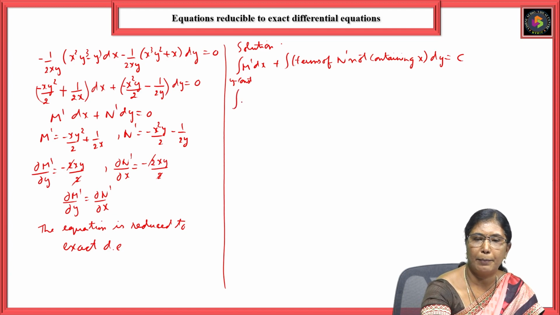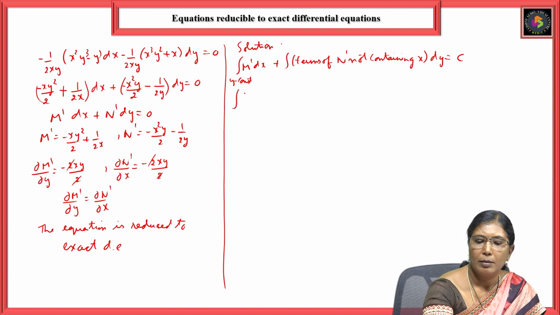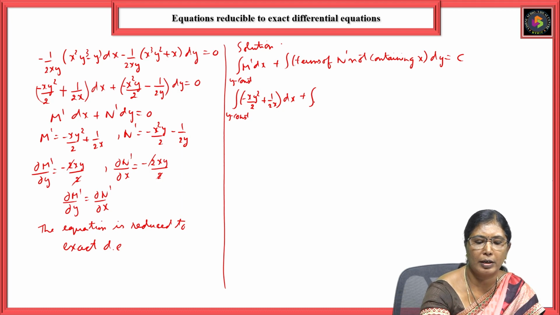So integrating M', which is minus xy^2 by 2 plus 1 by 2x, dx keeping y constant, plus the terms of N' not containing x, which is minus 1 by 2y, dy is equal to c.